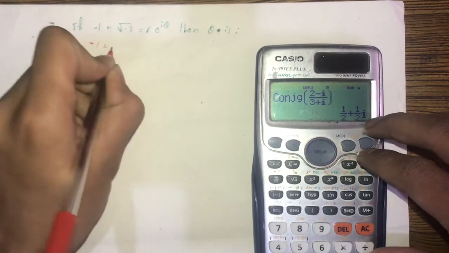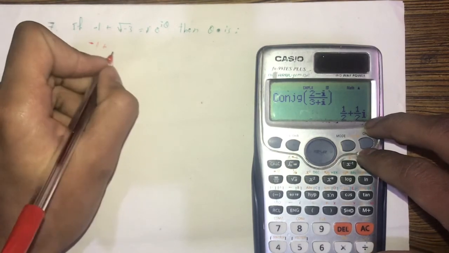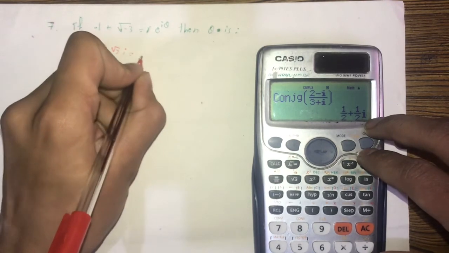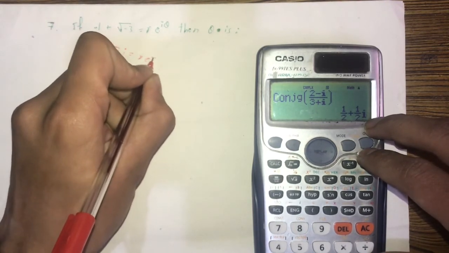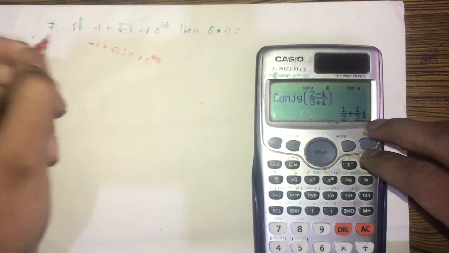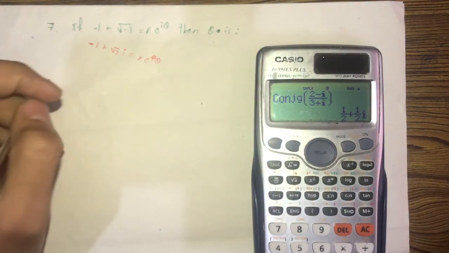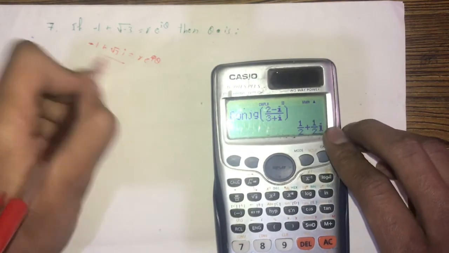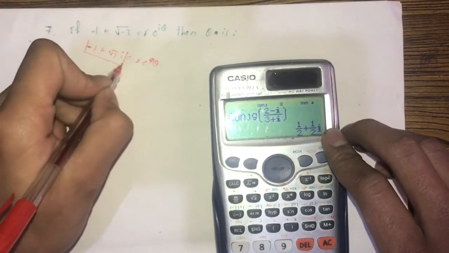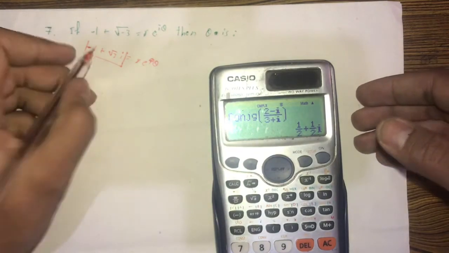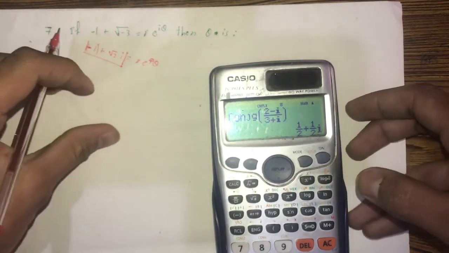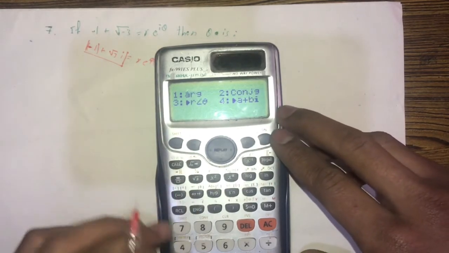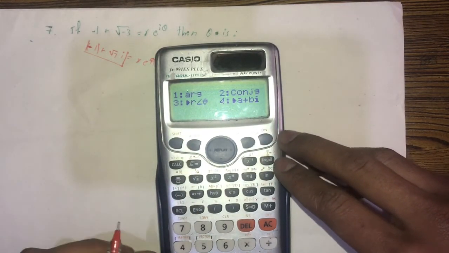Minus 1 plus root under minus 1 means i, so root 3i equals r e to the power i theta, then theta equals what? It's also asking for us the argument of the given complex number. We know the way to get the argument. Use shift and 2 in the general method like before and question number 4.